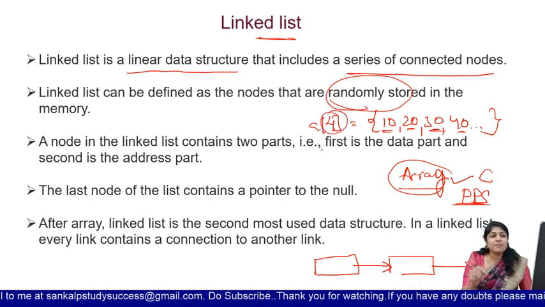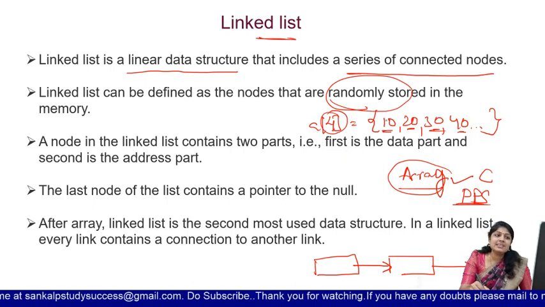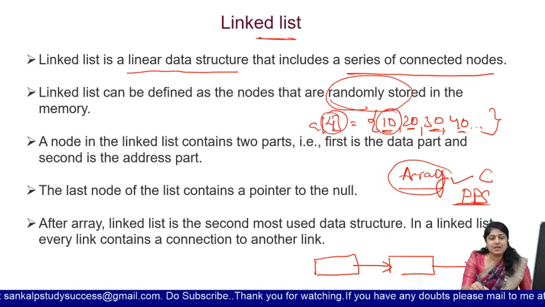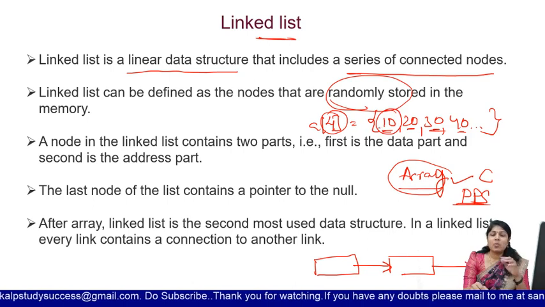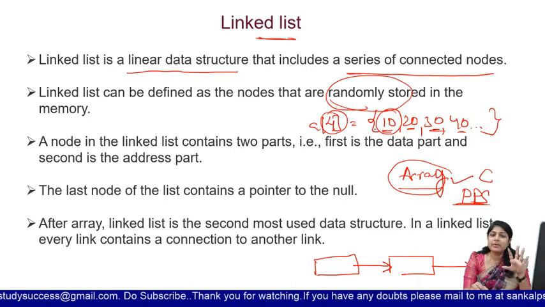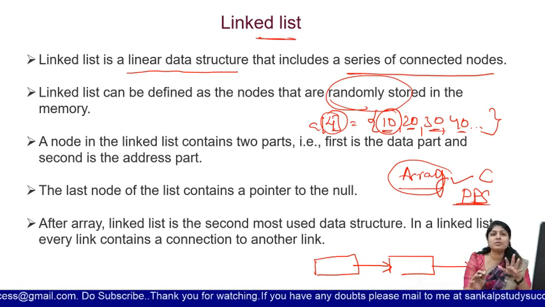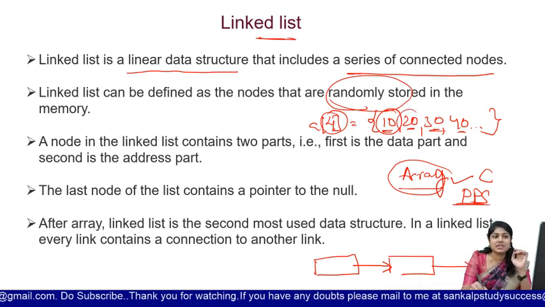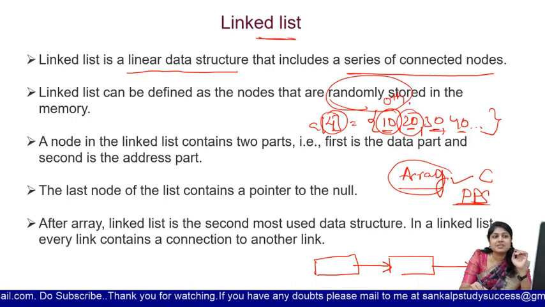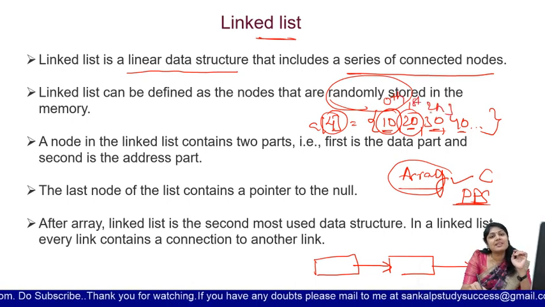That means the first element will be inserted at the 0th index, and the next element, whatever it may be, that you want to insert, will be inserted at the next position, that means the first index, okay? So this is the 0th index, this is the first index, this is second and third and so on.